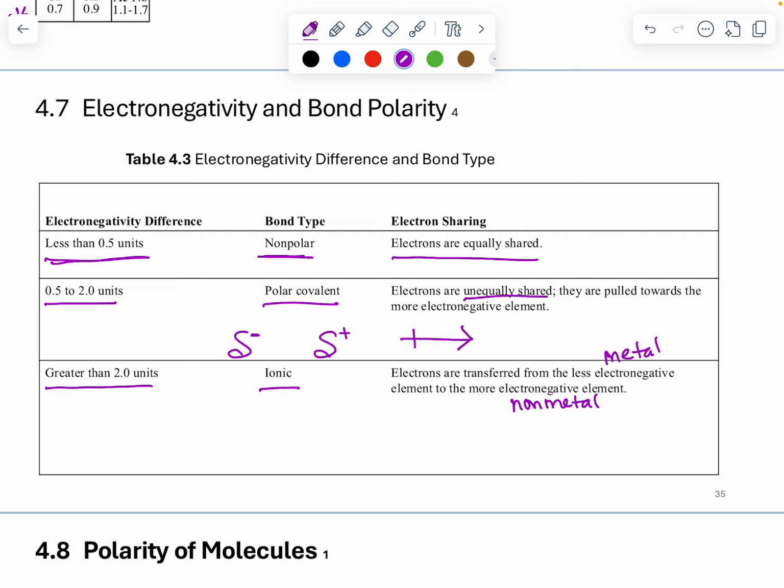And it is always going to point toward the element that has the higher electronegativity value, the slightly negative. And this little plus sign right here reminds me of a positive, and so the slightly positive part of the atom would be at this end of the dipole moment.